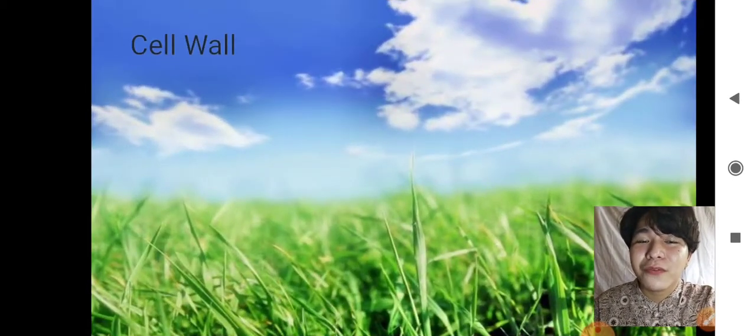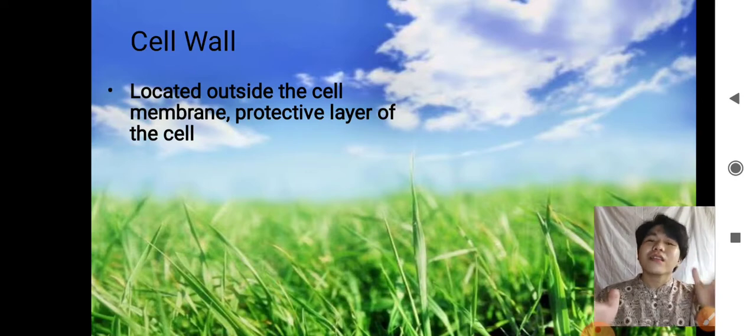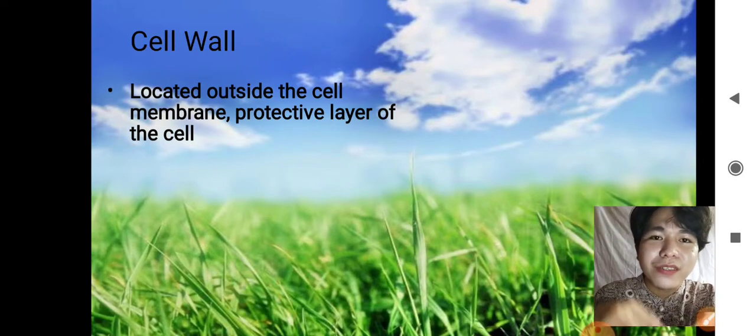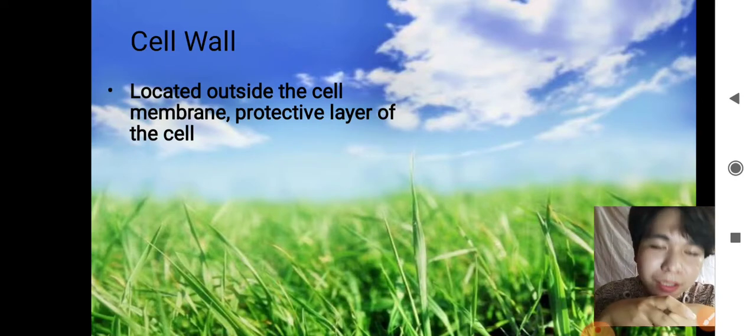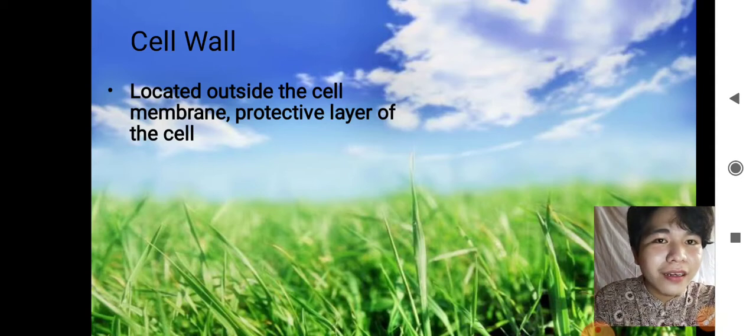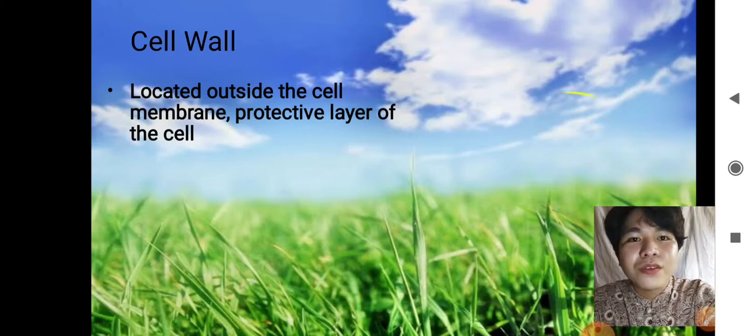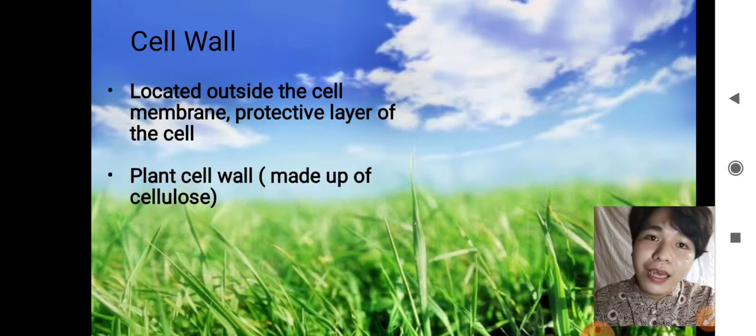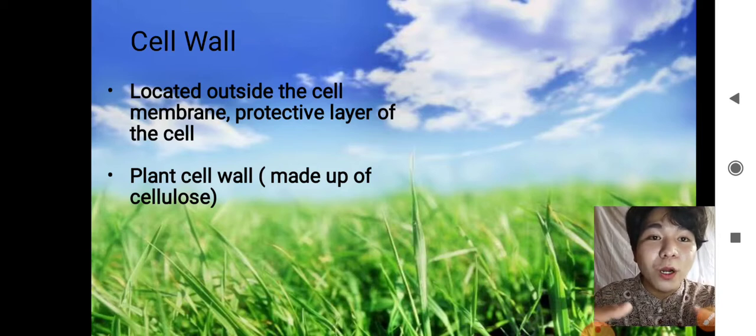And we also have the cell wall. Okay, disclaimer, cell wall is only present in the plant cell. Animal cells don't have a cell wall. We only have plasma membrane. So cell wall is located outside the cell membrane, a protective layer of the cell. Plant cell wall is made up of cellulose.